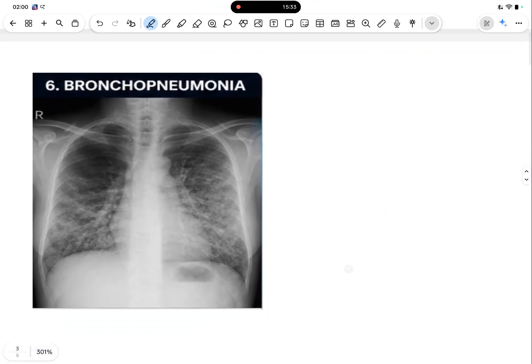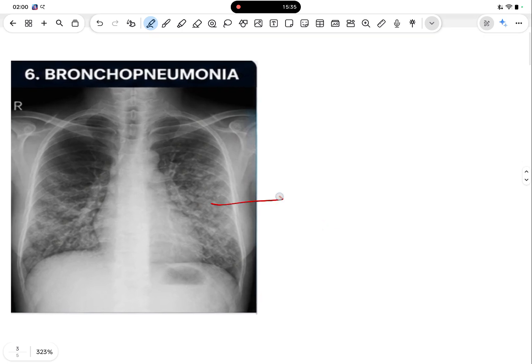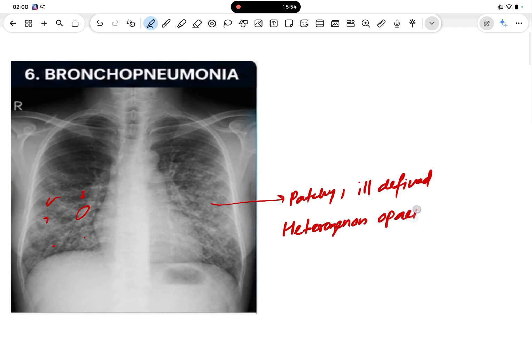Going to bronchopneumonia, see there is some patchy, ill-defined, heterogeneous opacity. There is some opacity, but these are heterogeneous opacities, right?